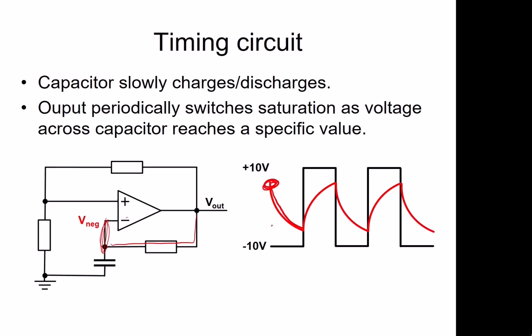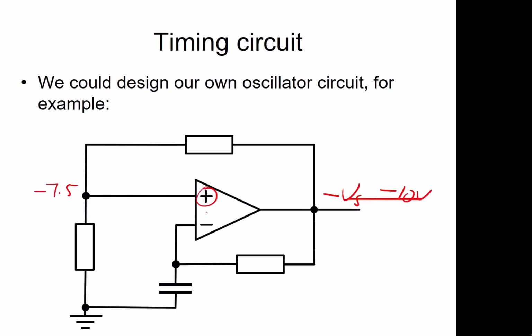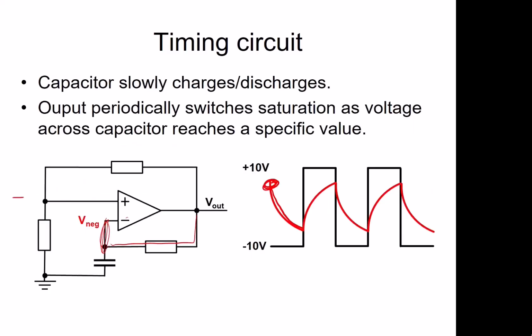However, when it gets to just below minus 7.5, this voltage here is going to be less than this voltage here, and therefore this op-amp, which is acting as a comparator, is going to switch to plus 10. So the output is going to suddenly go from minus 10 volts to plus 10 volts up here. So this is now at plus 10 volts. So if I just clear that screen.